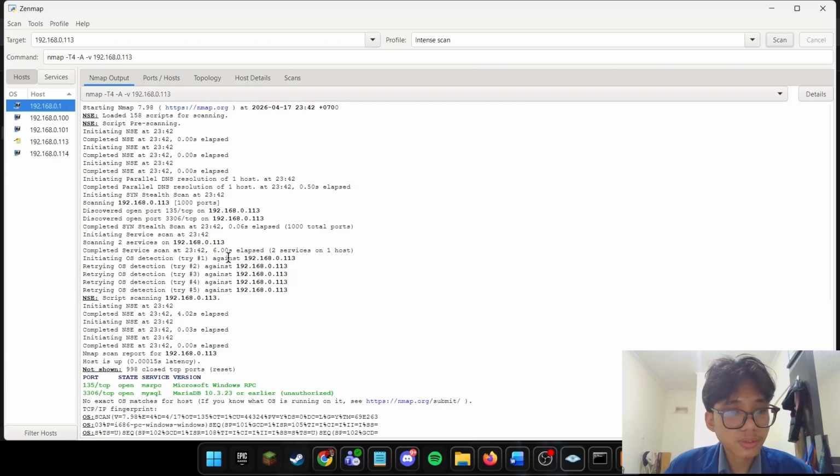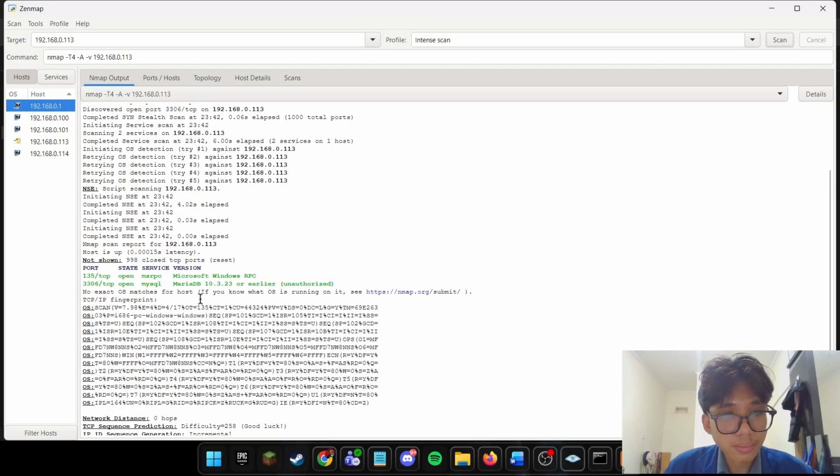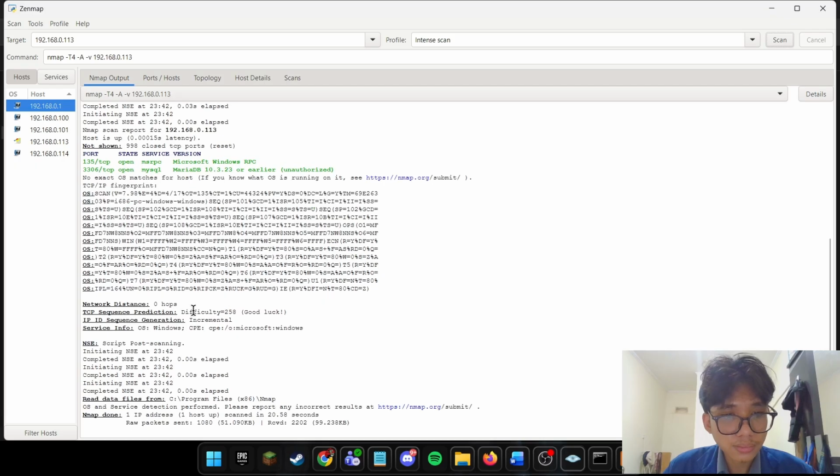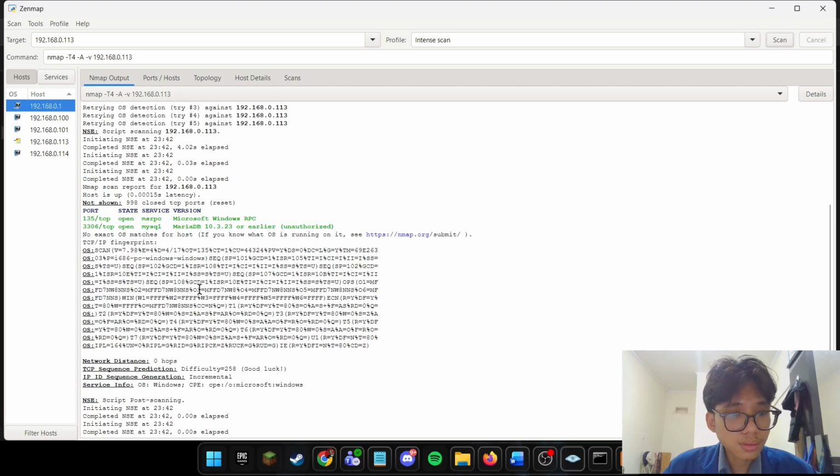From the result, Nmap was able to detect that the MySQL service is running MariaDB. It also indicates that the system is running a Windows-based environment. This stage demonstrates how deeper scanning techniques can reveal more detailed system information, which can be useful for both administrators and attackers.